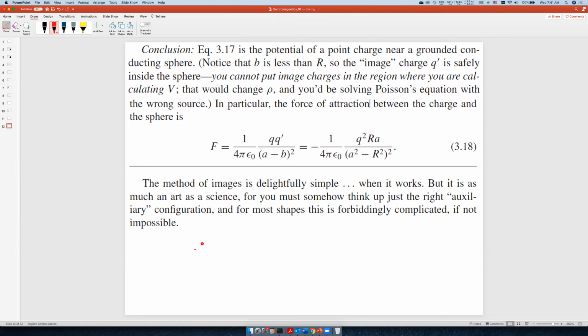For example, you have a charge over a conducting plane. Then this is a very good symmetry for the image charge to work. If not a simple case like that, most of the time it's difficult to find a simple image charge or a set of image charges to replace the original conductor.